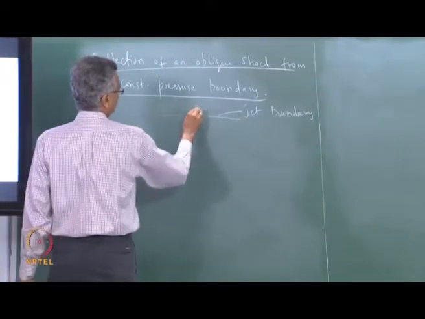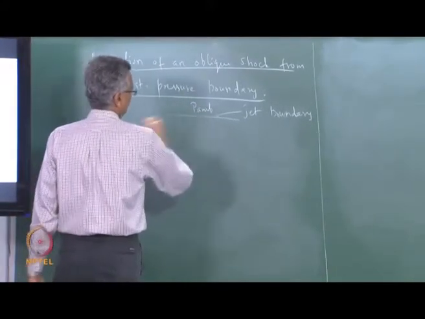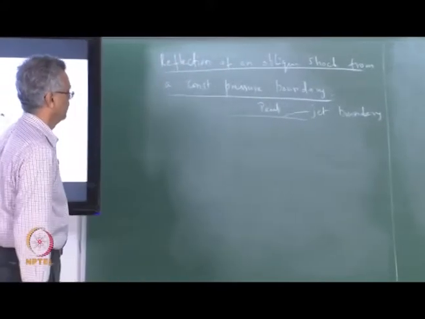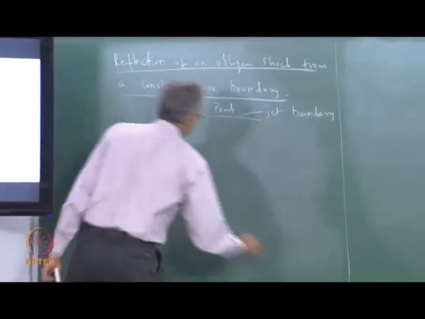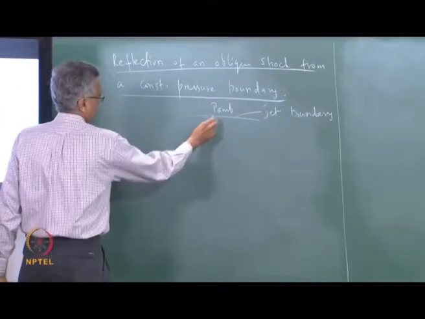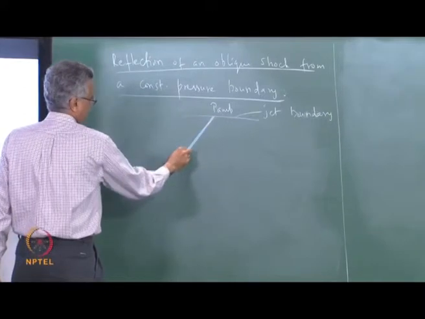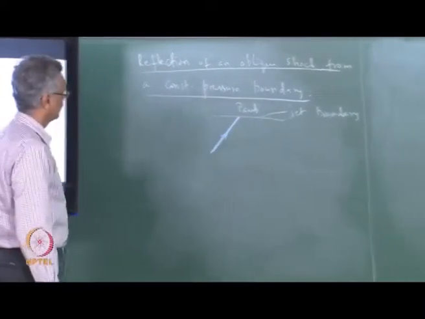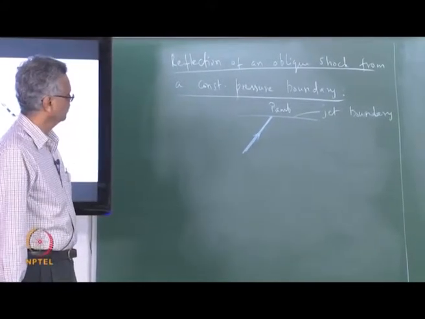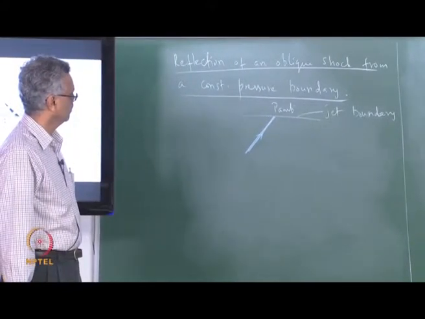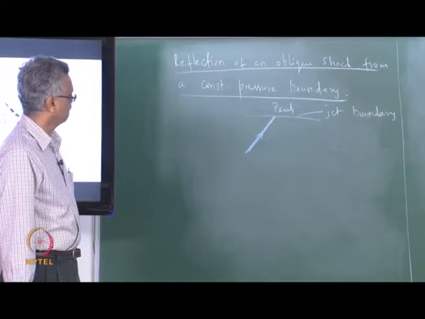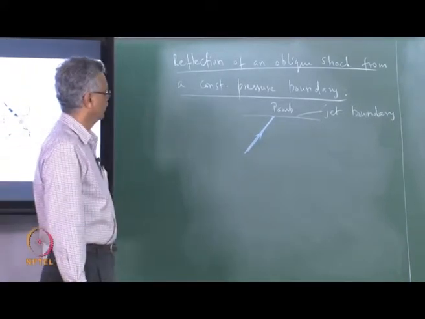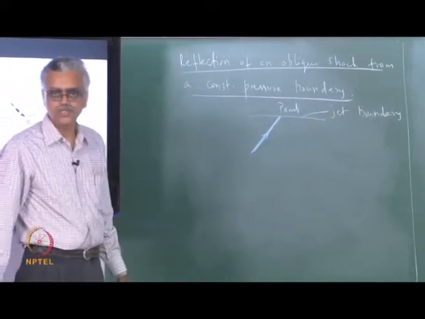So pressure is P ambient here along the jet boundary, and an oblique shock wave is incident, let's say, like this. So that was the situation that we were looking at.